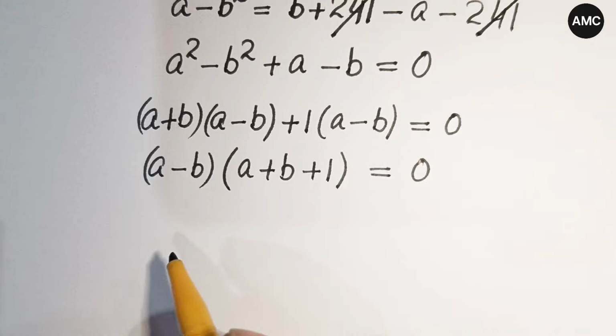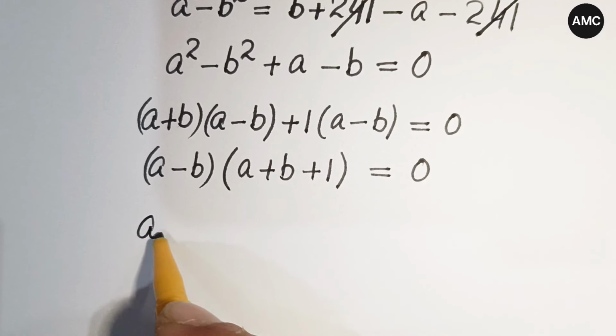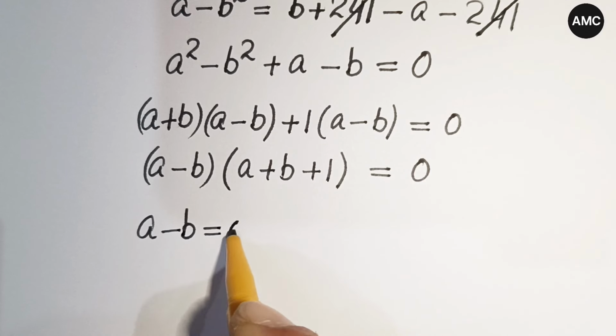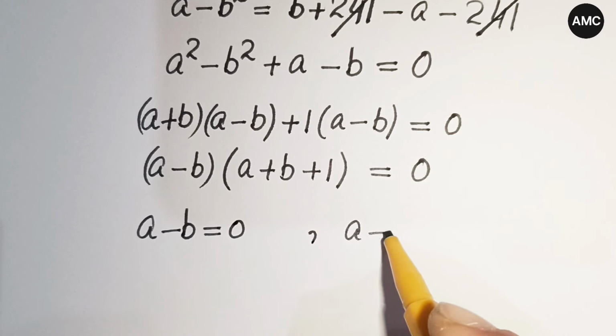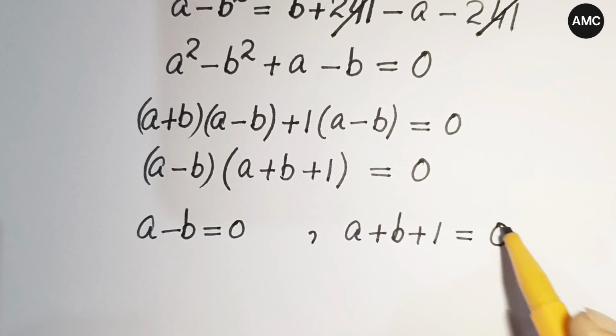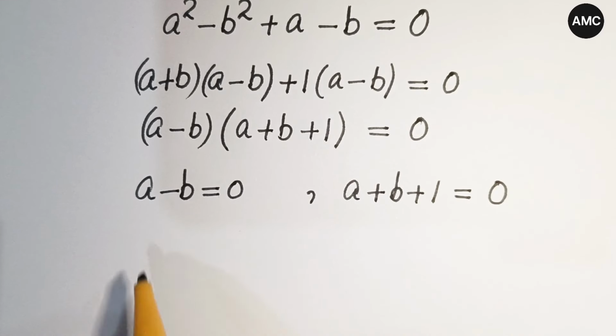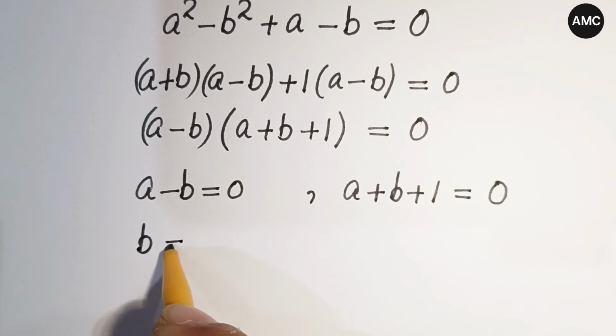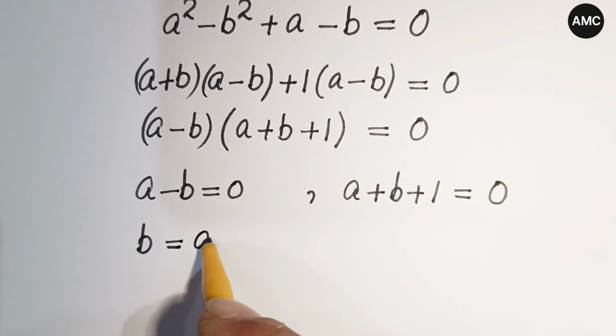Now we have two conditions, that is a minus b is equal to 0 or a plus b plus 1 is equal to 0. Now from this one, shifting minus b, we will get plus b is equal to a. So b is equal to a, or a is equal to b.